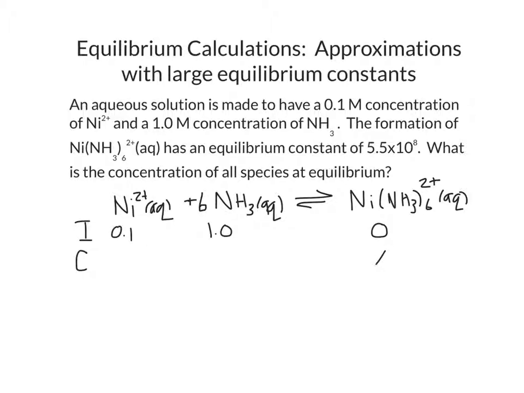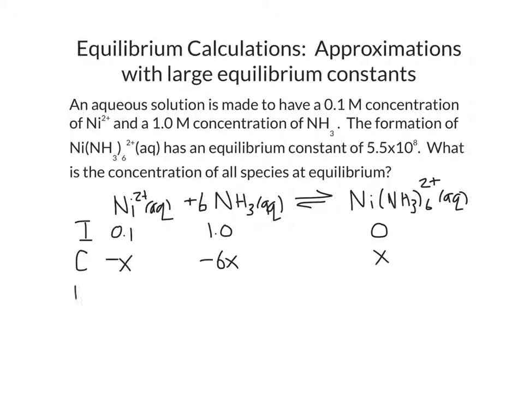If I make X of this, I'm going to have to use up X nickel, because every nickel amine uses 1 nickel. So if I make X of these, I use X of these. And then I'm also going to have to use up 6X of the ammonia, because every one of these uses up 6 ammonias. So that's the change to get to equilibrium.